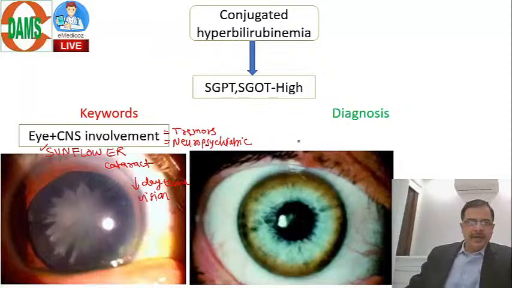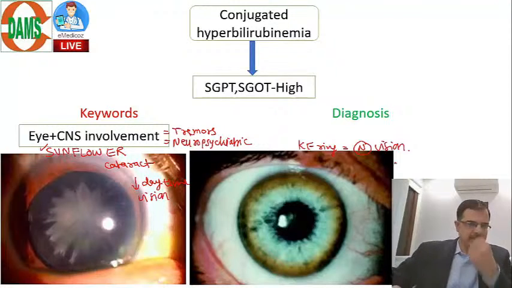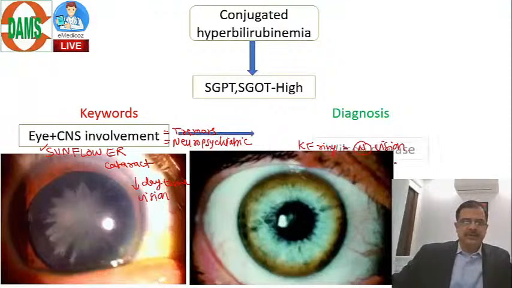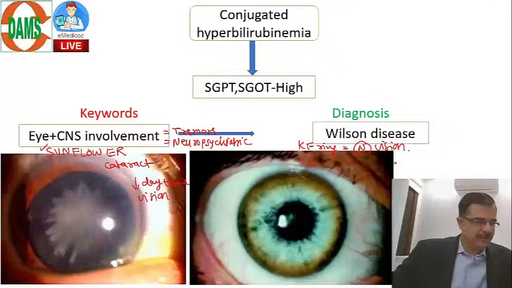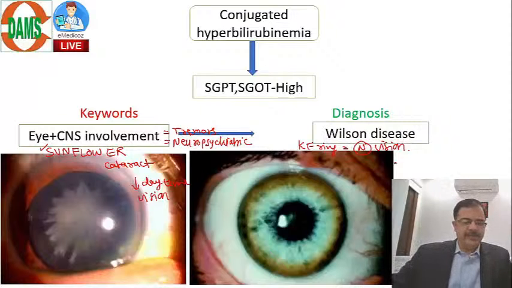And remember, because of the KF ring, vision is not affected. Vision is normal. So this is a case of Wilson disease. Very nice, all of you are giving me the correct answer. It is a case of Wilson disease.